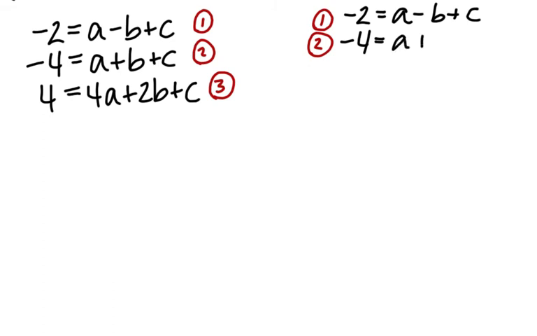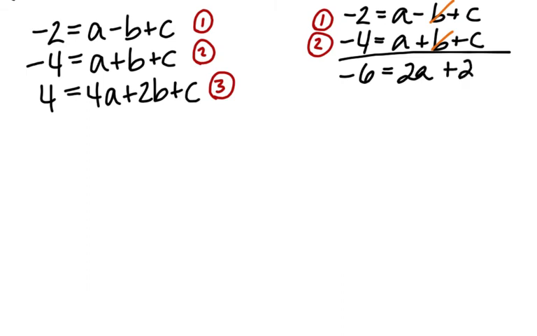I'm going to add the 2 equations together, which will result in -6 is equal to 2a. My b's subtract out, plus 2c. So -6 equals 2a plus 2c.